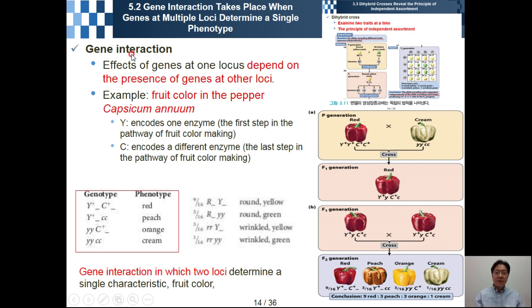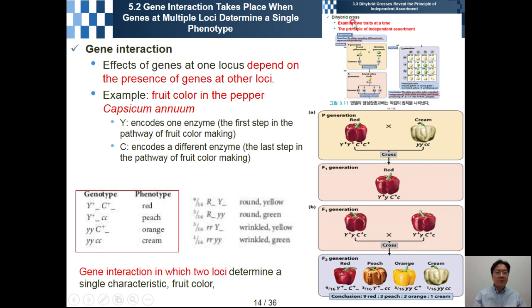But gene interaction means that the effect of a gene at one locus is dependent on the presence of a gene at the other locus. For example, if there are two genes, large Y and large C, these two genes determine a single phenotype.